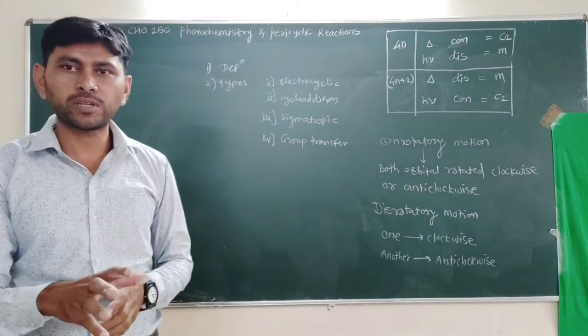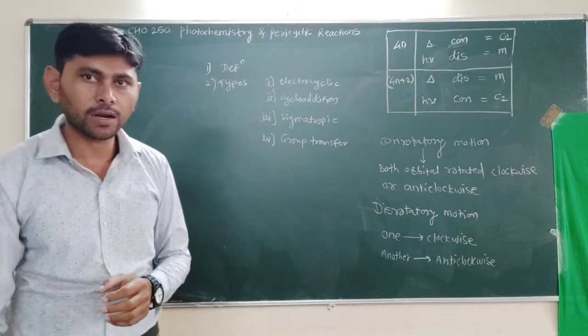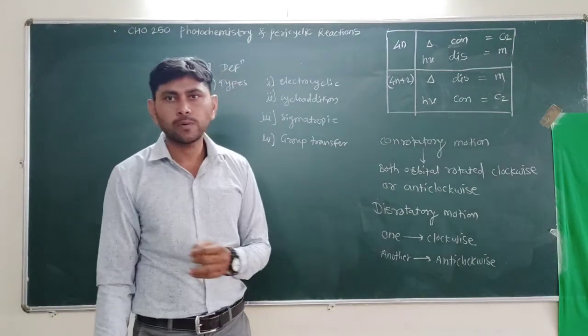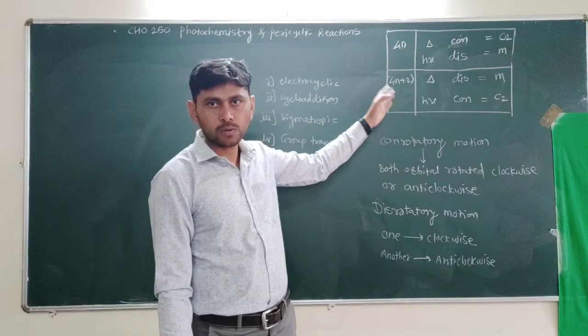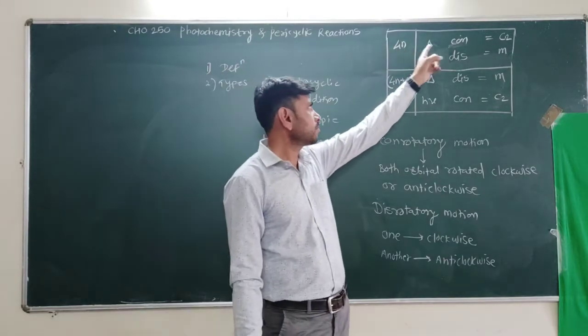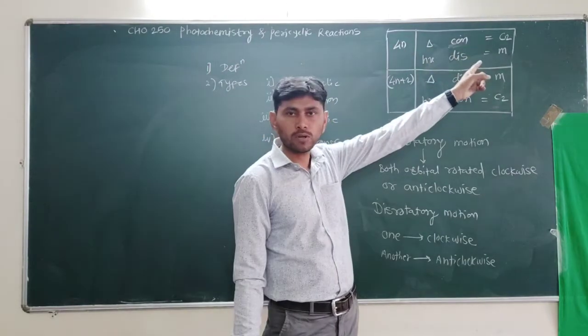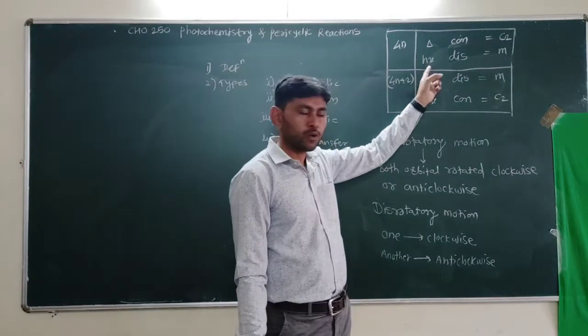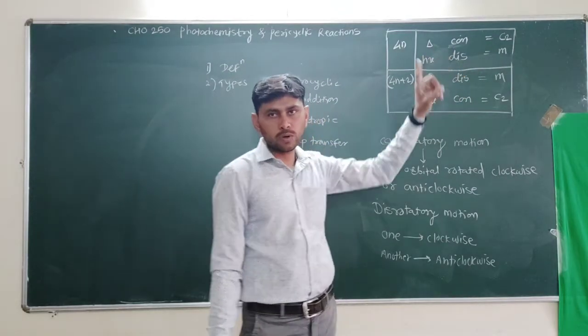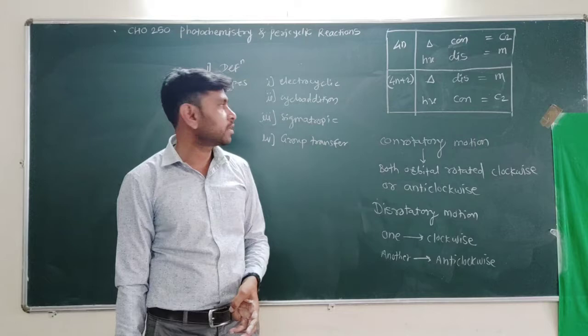By only observing the reaction, you can say whether it is thermally allowed or photochemically allowed. So remember: 4n system, thermal mode of activation, conrotatory motion and C2 symmetry. Photochemical mode of activation, disrotatory motion is allowed and that symmetry is there.